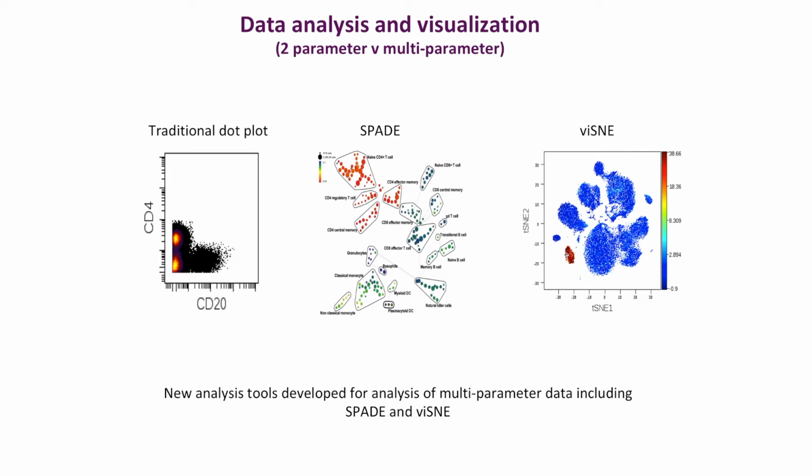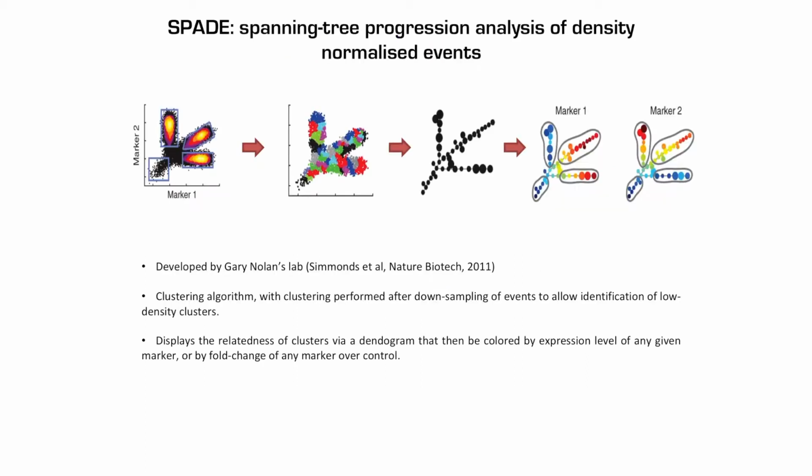One of the first tools to analyze CyTOF data was developed by Gary Nolan's lab, and this is SPADE, the spanning tree progression analysis of density-normalized events. This is a clustering algorithm. Clustering means putting cells which are similar to each other together.